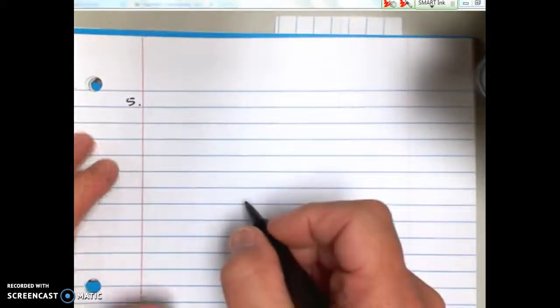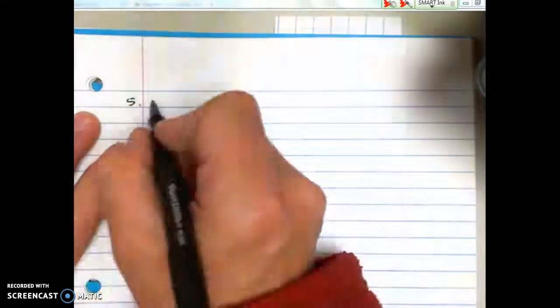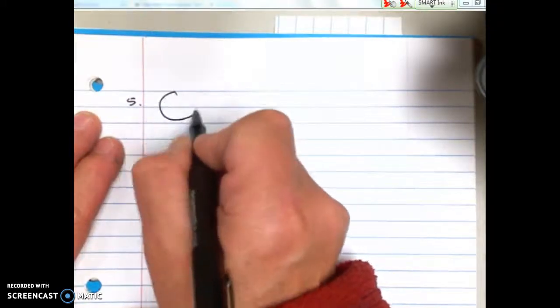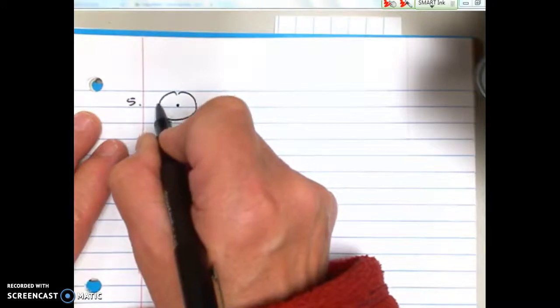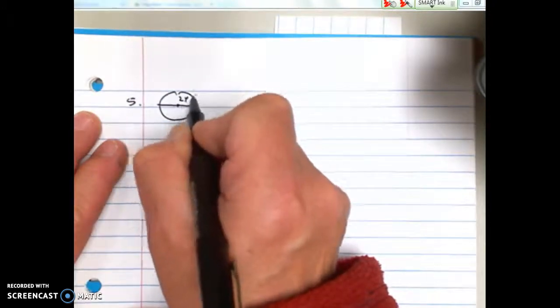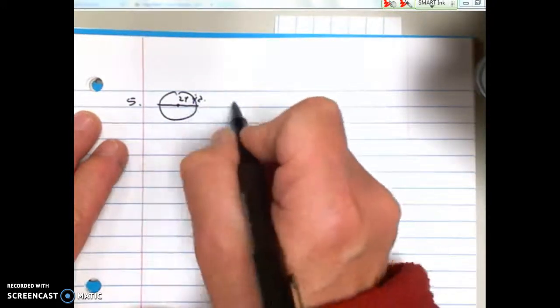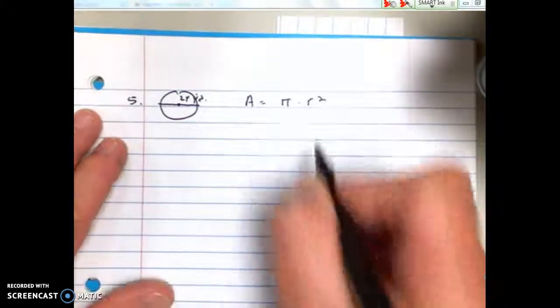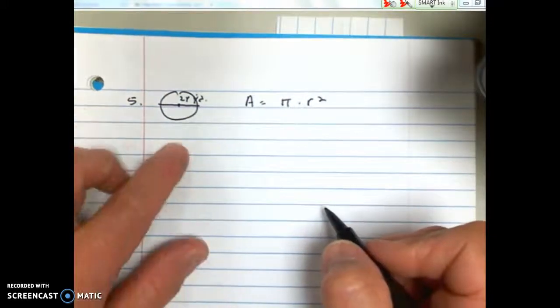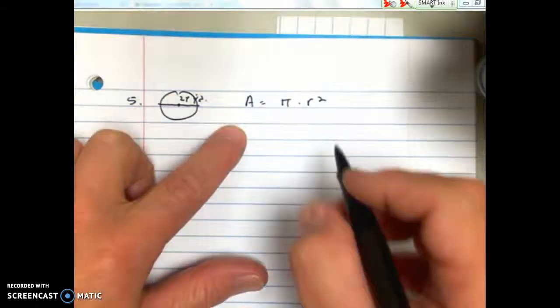Number 5, we have a circle with a diameter of 24 yards. So we want to get our formula for area, which is area equals pi times radius squared. Put that down every single time. And then we have radius squared.